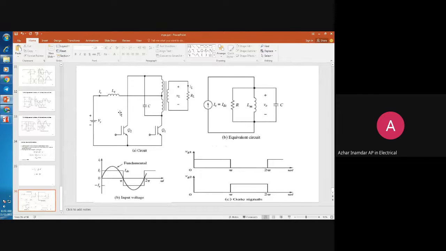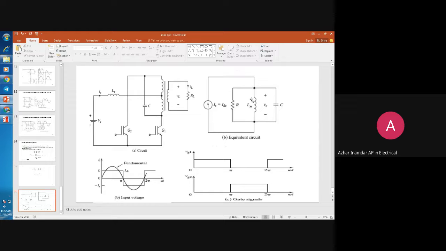The source voltage Vs is applied to the lower part of the primary winding, and it induces twice the voltage by transformer action.